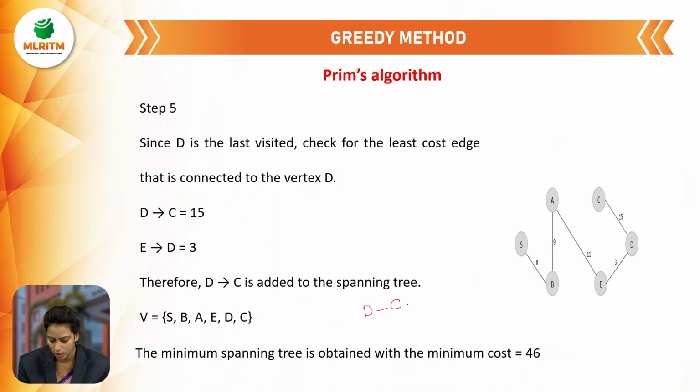So D to C is 15. Here consider this one. So find out the minimum cost. 8 plus 9 plus 11 plus 3 plus 15 is 46. The total minimum cost spanning tree using Prim's algorithm of this graph is 46.